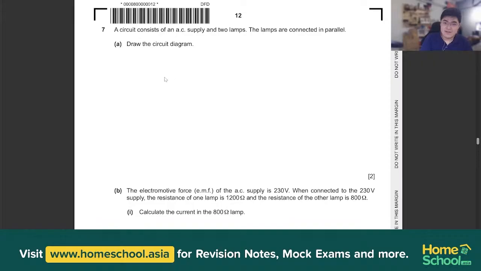Okay, so the circuit has an AC supply. As you do know, an AC supply looks something like this, and then you do the squiggly line here and write AC. Then we need to connect this to two lamps. So let's just draw this properly, like this. Just make sure the wires are connected properly.